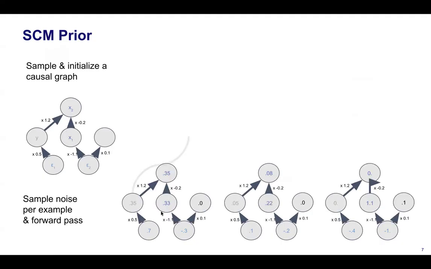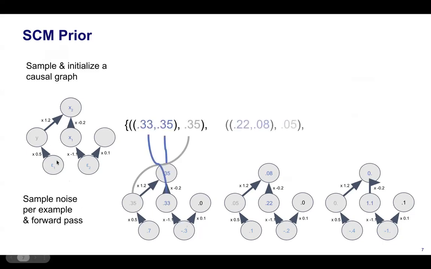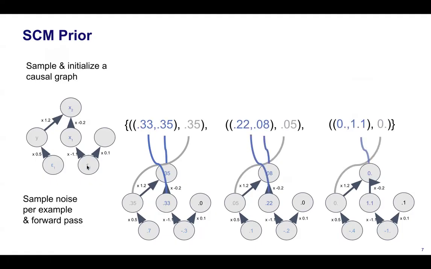And what we can then do is we can generate random noise at the noise values here, for example, epsilon1, epsilon2. Then, once we have those, we can propagate the values throughout the graph. For example, when we start with 0.7 for epsilon1 here, we have an edge with 0.5. So we multiply these two values, and this will give us 0.35 at this next node here.